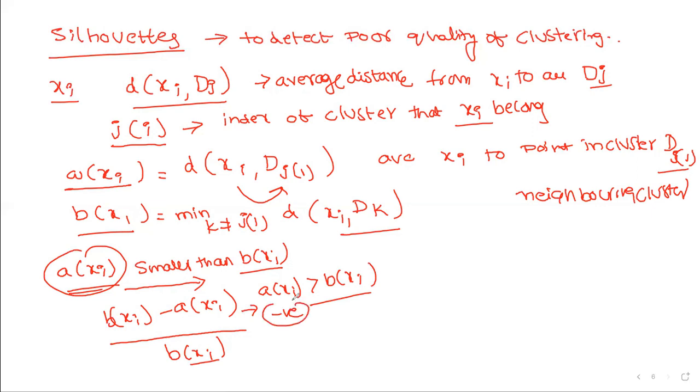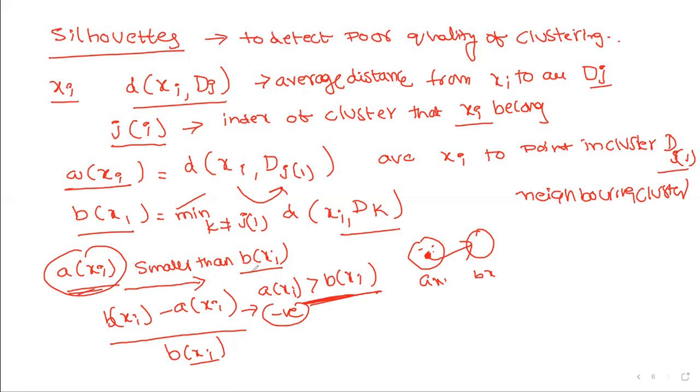What is the meaning of this? On average, the members of the neighboring cluster are closer to xi than the members of the original cluster. If this is the case, suppose these are the members of a of xi and these are the b of xi, the members of this cluster are closer to this one. Okay, that is the meaning.